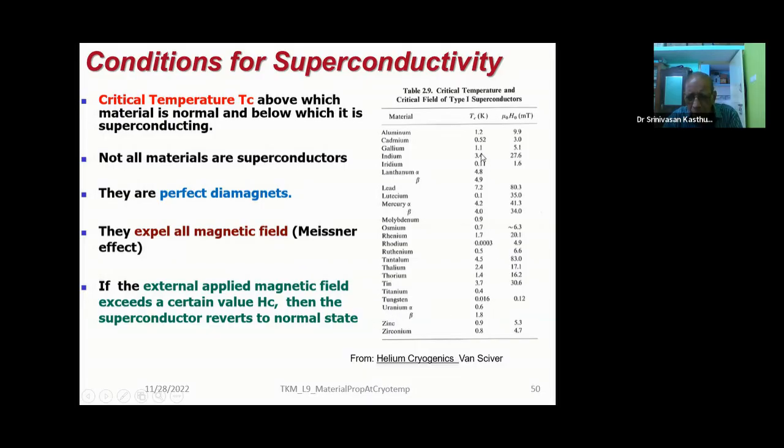No, I'm not seeing anything. So most of the materials, the values are very, very small. The best value is 4.8, which is lanthanum. The alpha phase is 4.8 and beta phase is 4.9. Now, they have not listed the niobium, etc., here in this table. So the niobium has a value close to 9 Kelvin or so. So we'll see this.